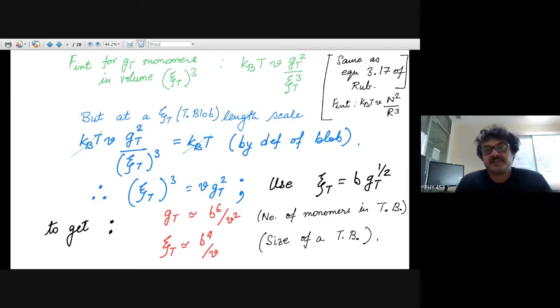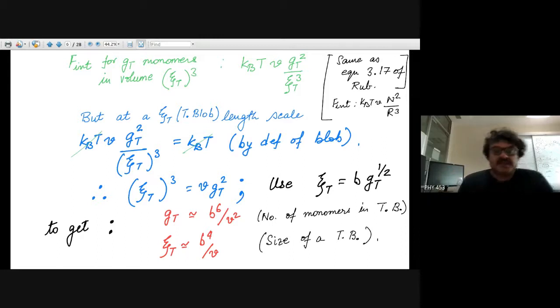The probability of contacts is going to increase, and at a certain length scale zeta T whole cube, the energy of interaction within zeta T whole cube will be equal to kBT, because that's the definition of a blob. It's the length scale where the interaction energy between two blobs becomes of the order of kBT.